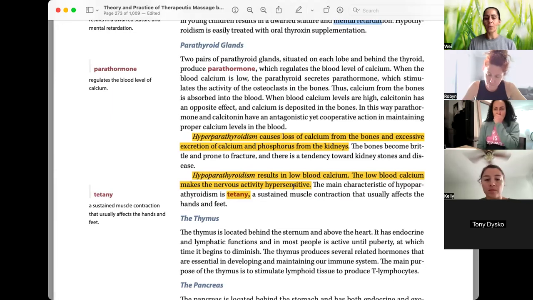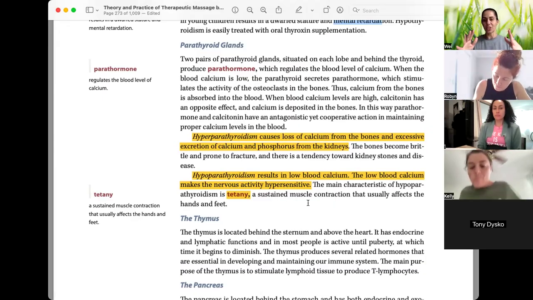So people that lack it, it's going to create sensitivity in the nervous system. And the main characteristic of it is tetany. Tetany is a constant or sustained muscle contraction that usually affects the hands and the feet. So they're constantly rigid, in other words.